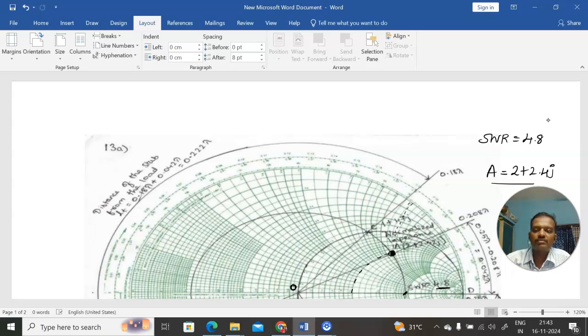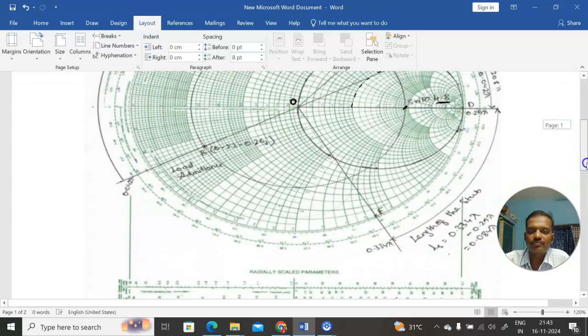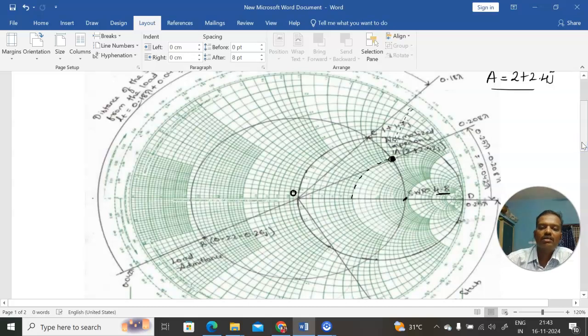It may depend. Some will get 4.9 or some will get around 5. Okay. So the SWR value is from 4.8 to 5. Then we are completing the circle, the rightmost value of the circle, we get it as S.